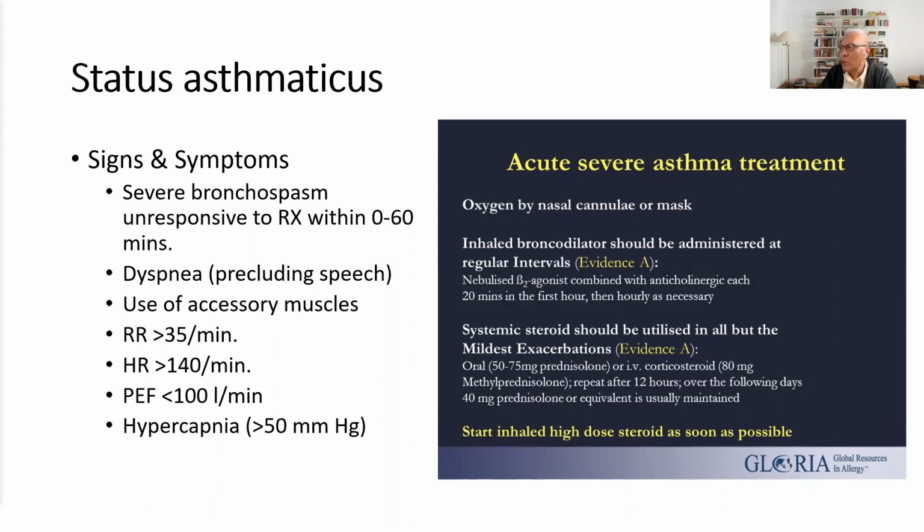Okay, so those are the interventions that are going to occur. And as you can see over here, oxygen, inhaled bronchodilator, systemic steroids, and high doses of steroids as soon as possible, because this decreases the inflammatory process.